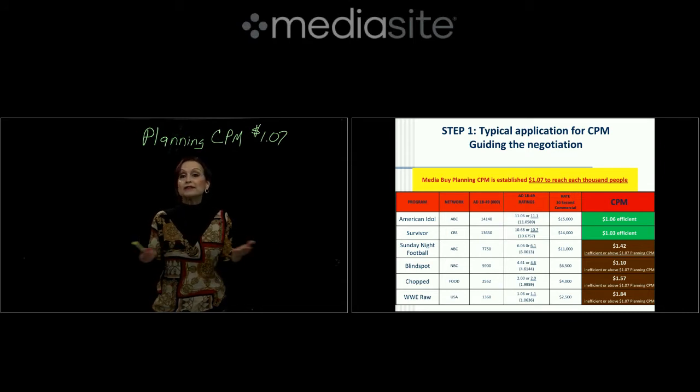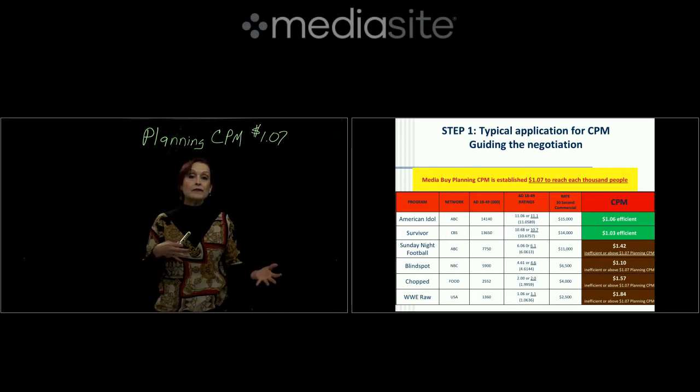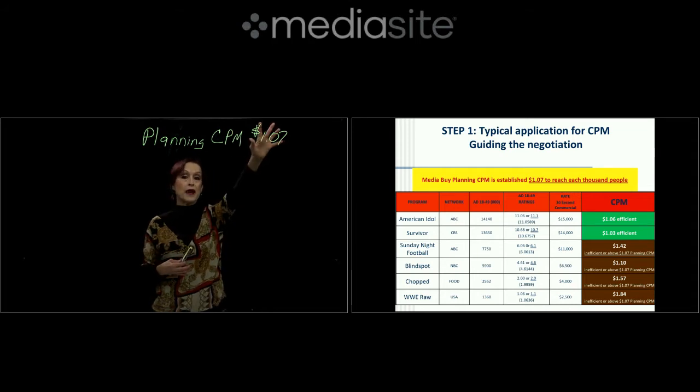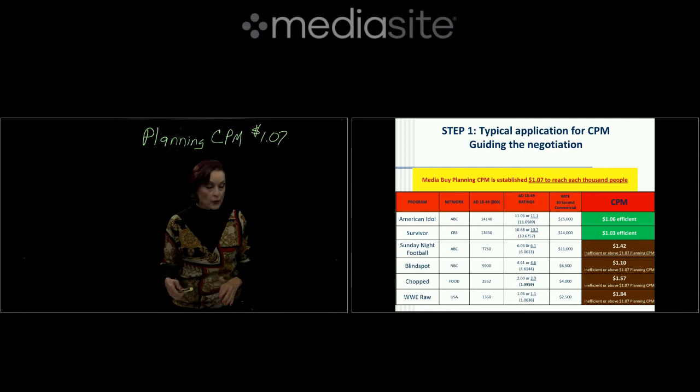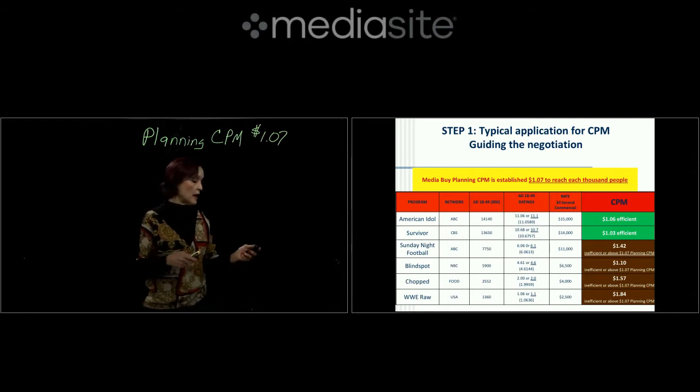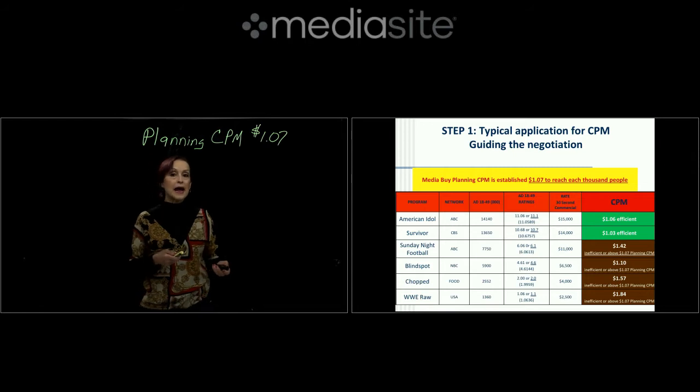Now, you have 6 different programs with rates, audience deliveries, etc., and you have to compare how cost efficient they are, or if you have to negotiate them to make them cost efficient given the planning cost per thousand. So let's look at this. You already did your rate divided by impressions in thousands analysis.